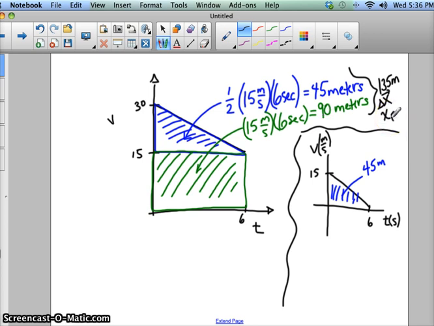So, and this would also be the distance we've traveled. And that is while slowing down. So I can write that here, while slowing down. So I'm pretty sure that's about it.